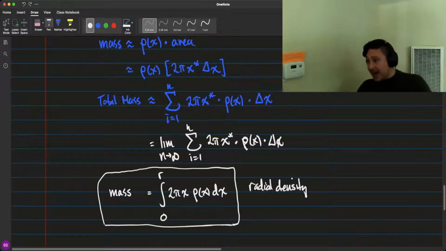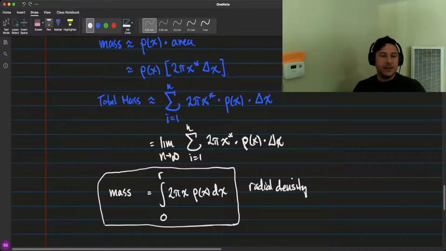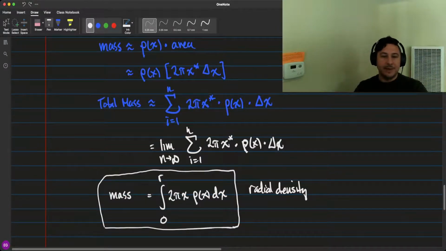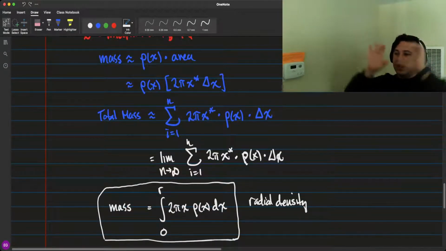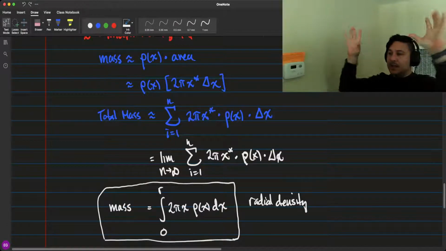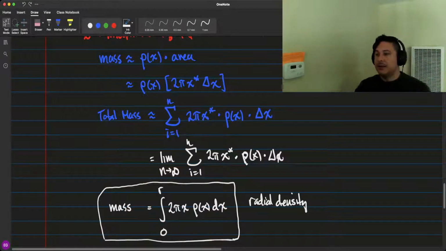So if you want to find the mass of this object, which has some given radial density, you can simply integrate 2 pi x rho x dx from 0 to r. Boom. Where did that come from? All that work we did about breaking up your circle into those different disks and adding them together.